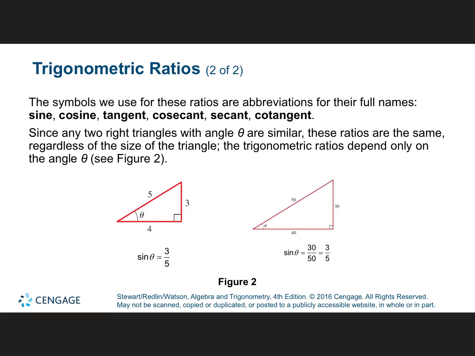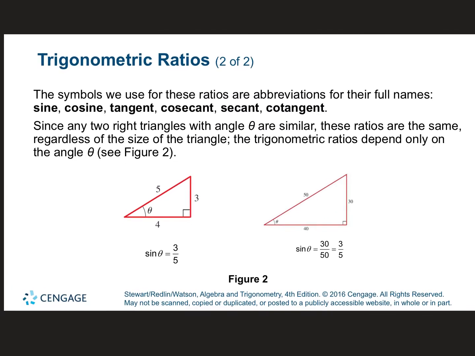All right, scooting along. It says these symbols we use for ratios are abbreviations for their full names, which we just talked about. Sine, cosine, tangent, cosecant, secant, cotangent. If you guys look at your calculators, you have a sine button, a cosine button, and a tangent button. Above those buttons, do you guys see where it says sine -1, cosine -1?